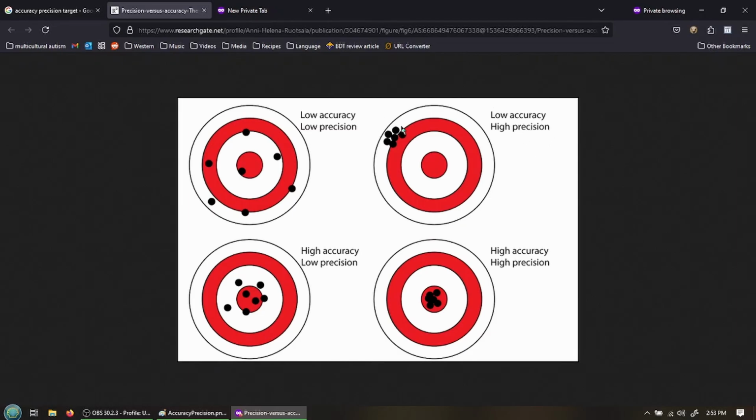In other words, getting the wrong answer repeatedly over time, the same wrong answer. We keep hitting this bit right around the 10 o'clock mark, right? But it's all in this tight cluster. It's almost like this is an expert marksman or marksperson shooting directly at that spot. We're hitting that same spot repeatedly, but we're doing it really precisely.